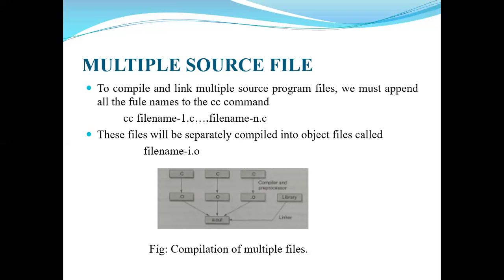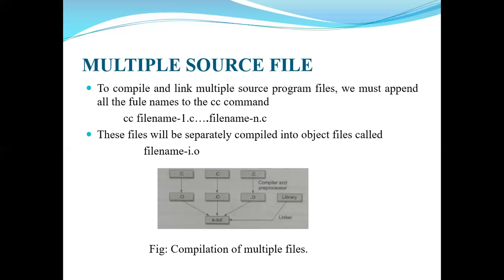These files will be separately compiled into object files called filename-i.o and then linked to produce an executable program file a.out, as shown in the figure. Compilation of multiple files. Look here.